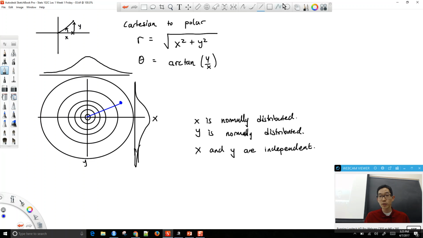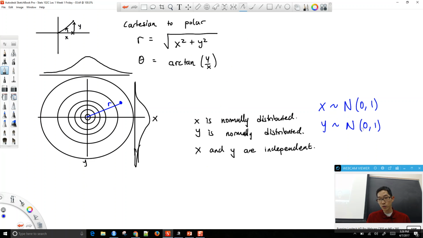So x comes from the normal distribution centered at 0 with standard deviation 1. Y comes from the normal distribution 0 and 1. And we're going to say r is going to be this, and theta is this. What is the distribution of r and theta?